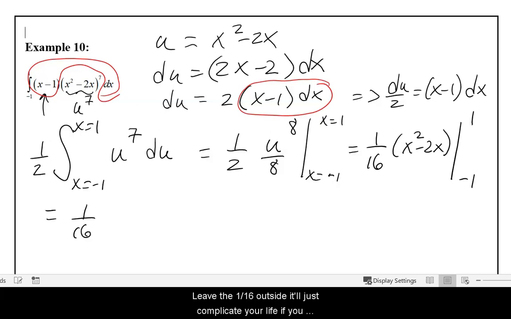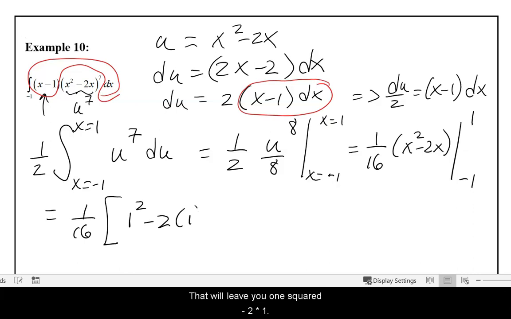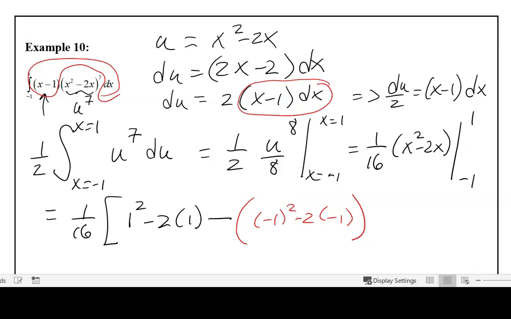Leave the 1/16 outside. It'll just complicate your life if you drag it in there. That will leave you 1 squared minus 2 times 1 minus, now let's do the negative part, maybe in a different color and with parentheses around it, -1 squared minus 2 times -1.